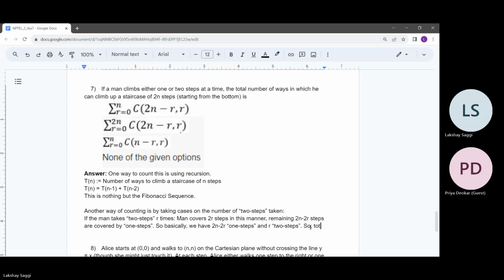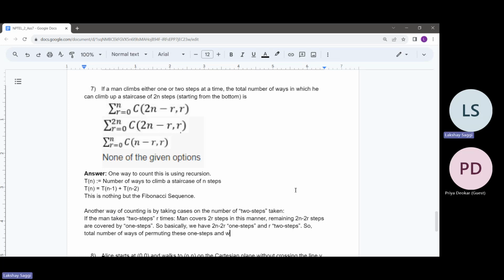So the total number of ways of permuting these one steps and two steps together: basically, we have objects of two types. One is of type one steps, and we have 2n minus 2r such objects. And we have r objects of the two steps type, and we need to permute these.